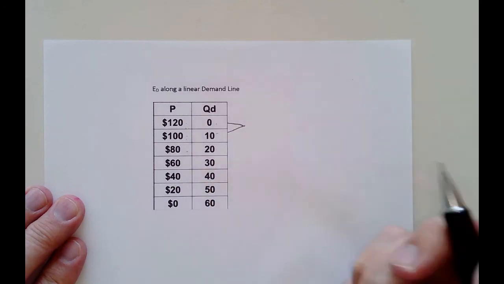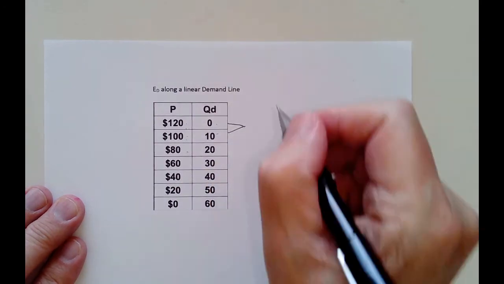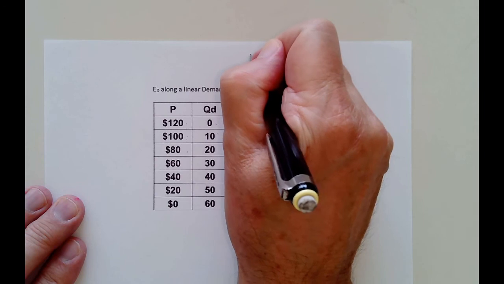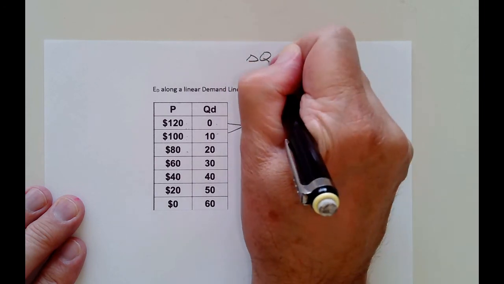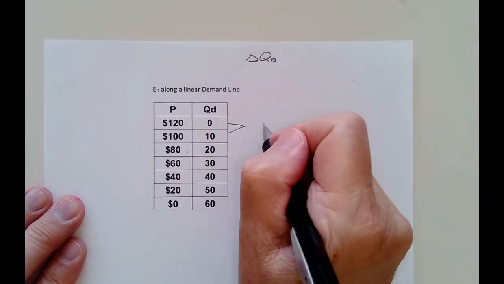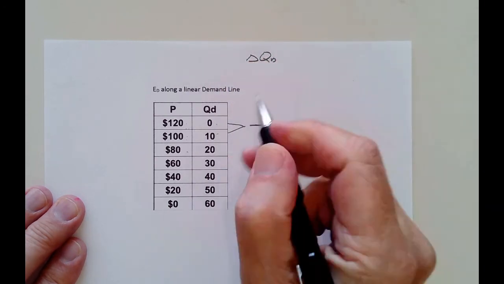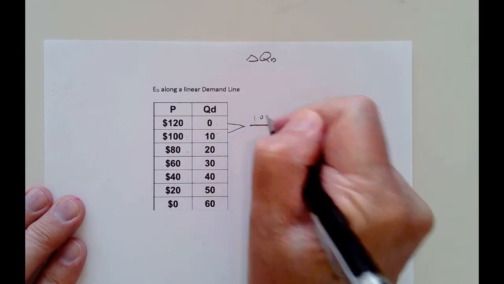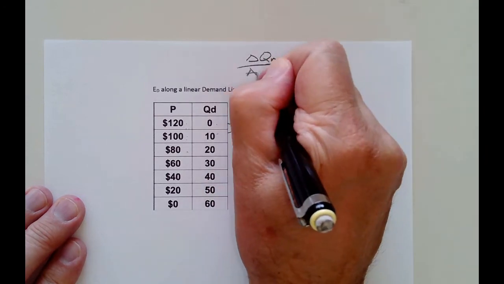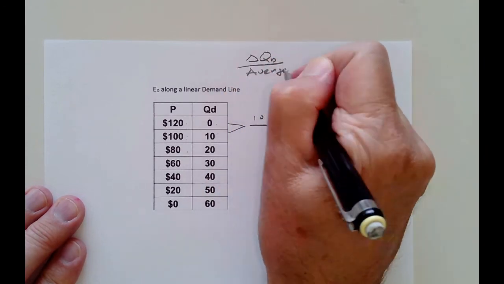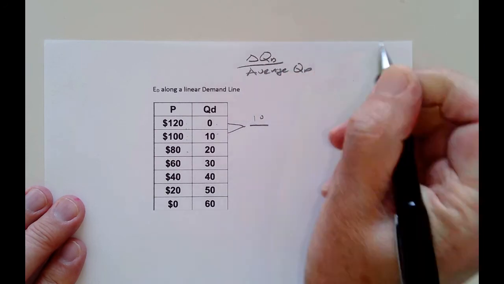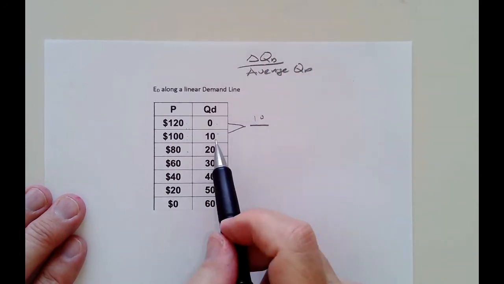$100. So again, we want to use the midpoint formula, which is the change in the quantity demanded. And so the change there is going to be 10 divided by the average quantity. Average quantity. And the average of 0 and 10, add them up, divide by 2 is 5.